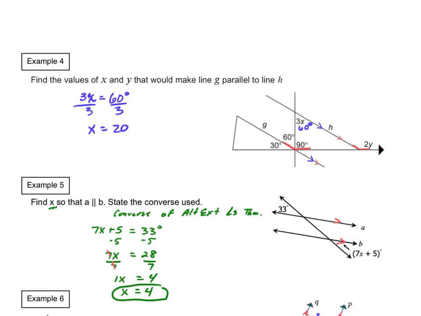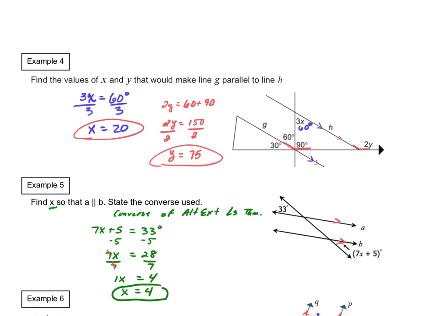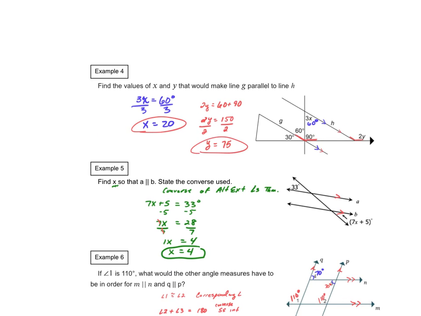In doing so, we would have to say that 2y is equal to 60 plus 90, or 2y is equal to 150. Divide both sides by 2, and y is going to be equal to 75. And then those would be the values of x and y that allowed for G and H to be parallel.